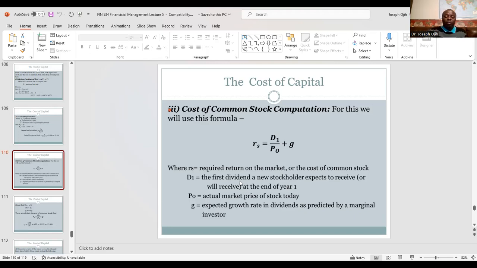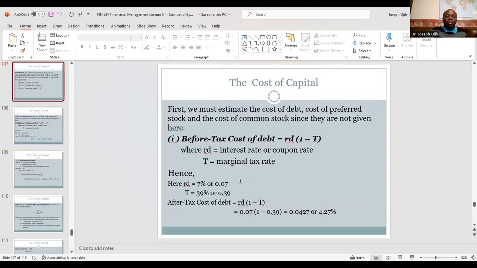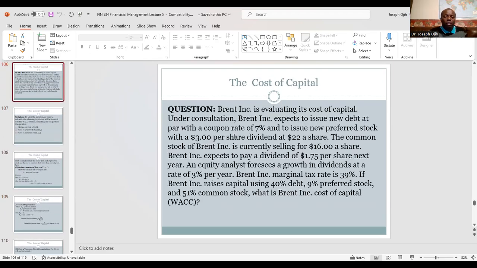So let's put in the information we have. We remember that this company will issue a dividend. You see here it says Wdrd Incorporated expects to pay a dividend of $1.75 per share next year.